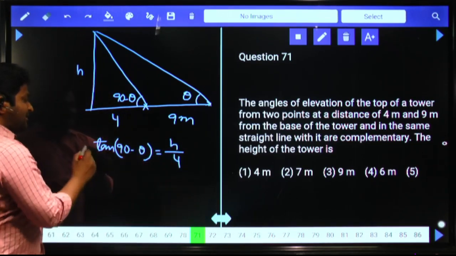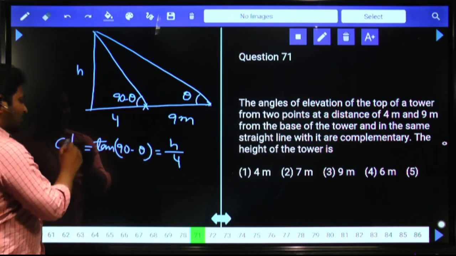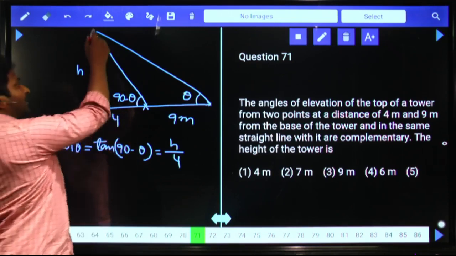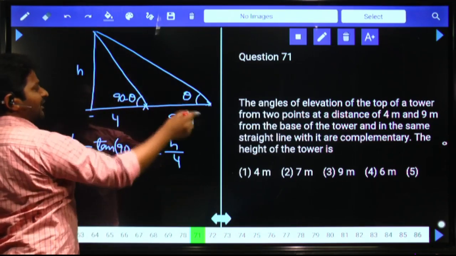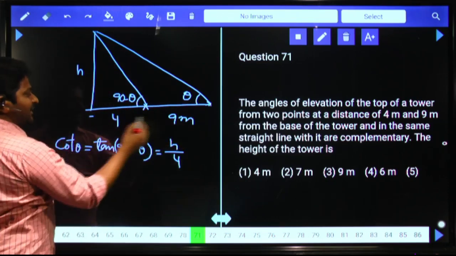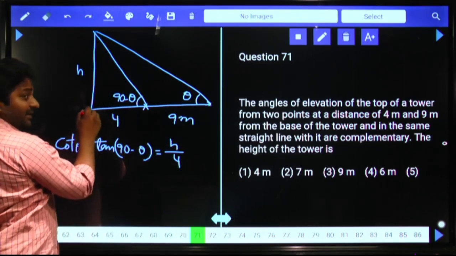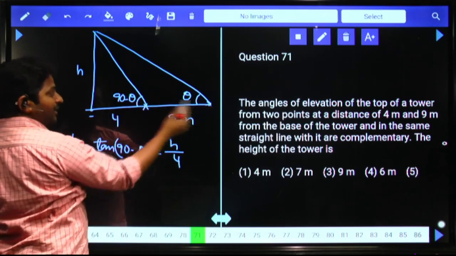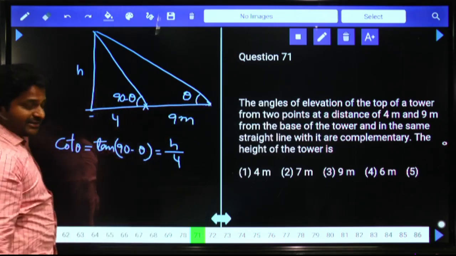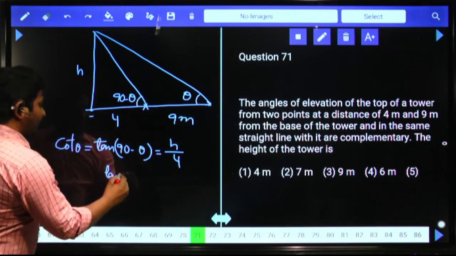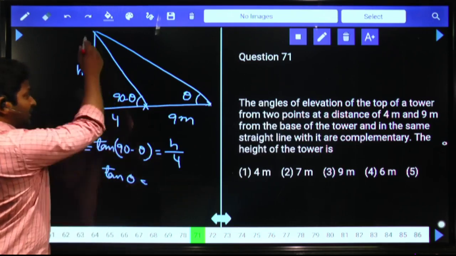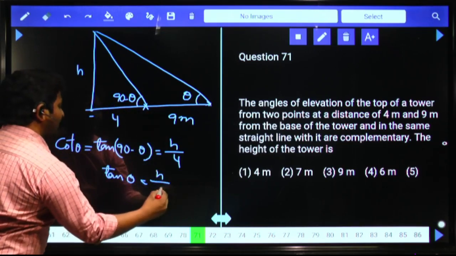Tan of 90 minus theta can be treated as cot theta also. For the total triangle, this 9 meters is from the pole to this point, not from here to here. That is the total length is 9 meters. Then tan theta is height by 9.